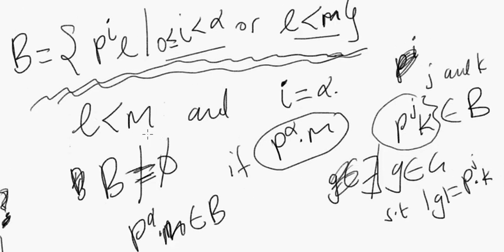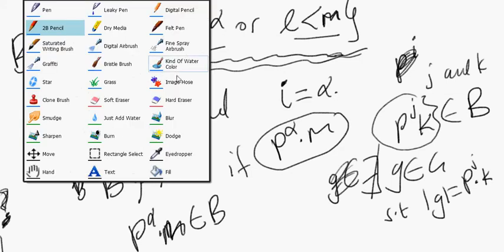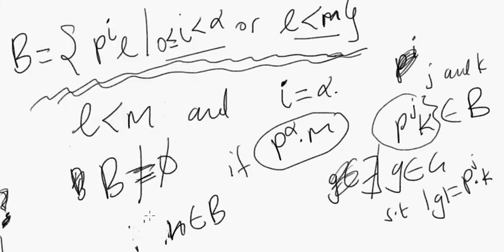Well, right, so question, can P to the alpha times M be in B? Didn't we say that B has the elements where the power of P is less than alpha? Okay.